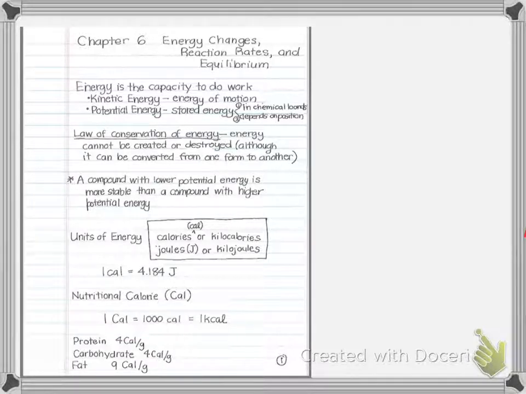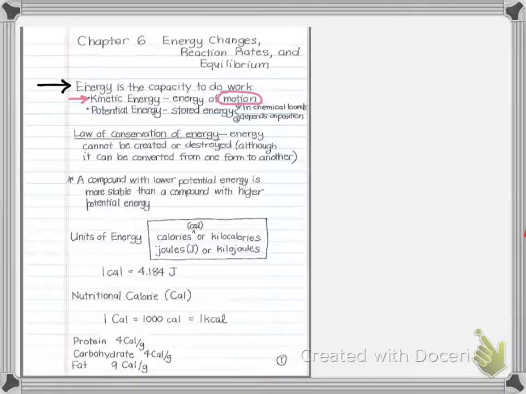The definition of energy is the capacity to do work. When we talk about energy, we can divide it into two big categories. There's kinetic energy, which is the energy of motion. So when you throw a ball and it goes through the air, the ball has kinetic energy.